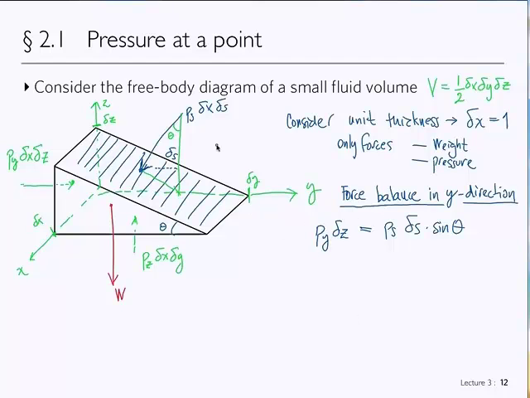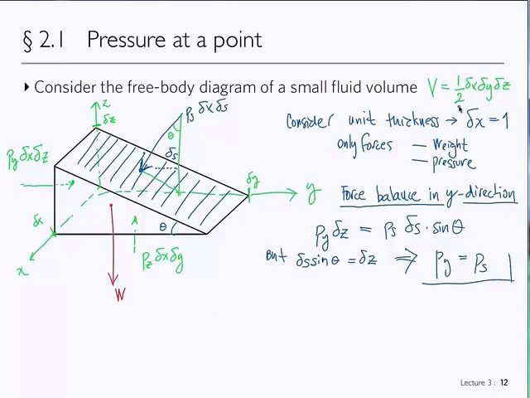And now we can apply the fact that ds sine theta is the same as dz, and so we get a very simple result, which is that py is equal to ps. Okay, that's our first result. These two pressures are going to be equal.